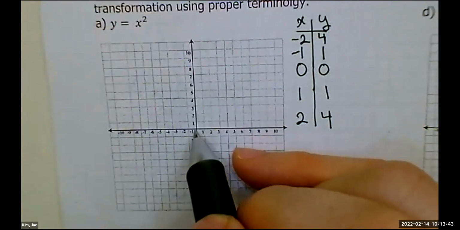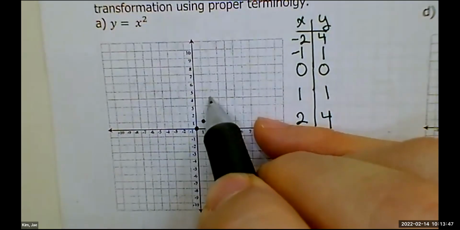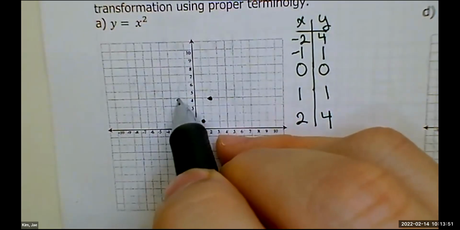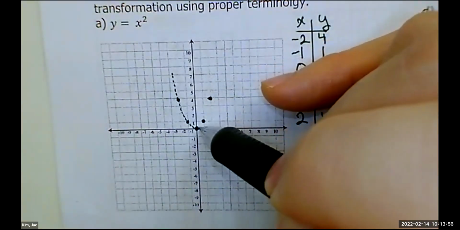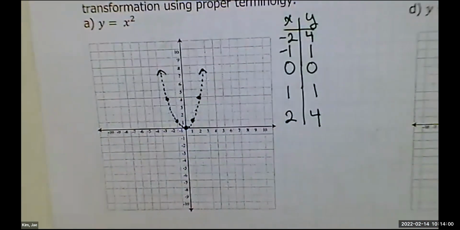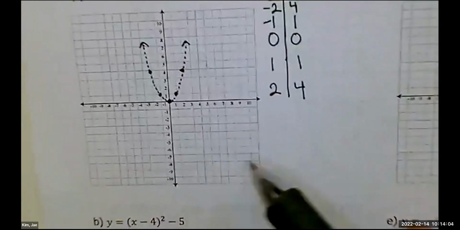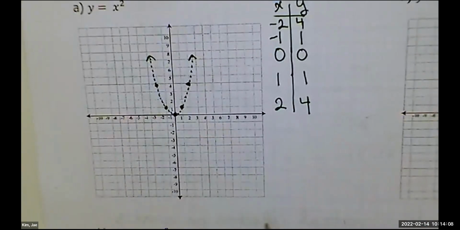I'm going to plot it. 0, 0, 1, 1, 2, 4. -1, 1, -2, 4. You already know. Every single one of these boxes, I need you to start with this parent function.